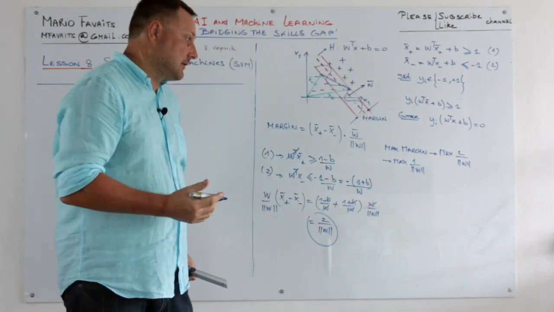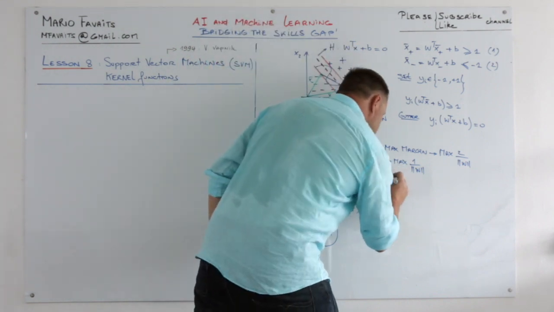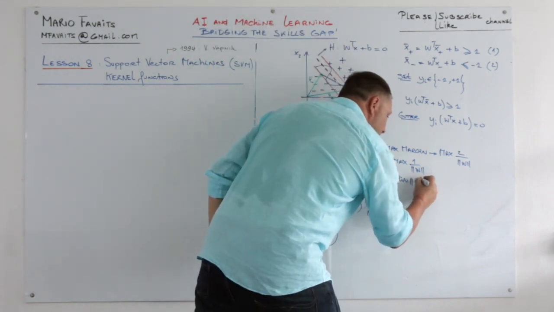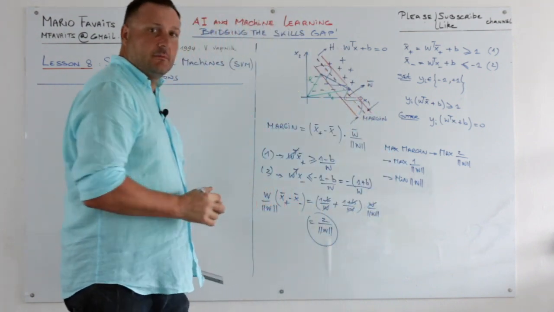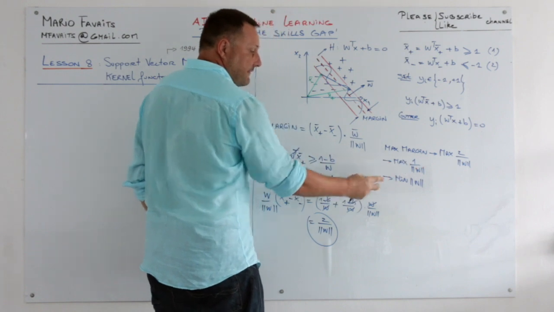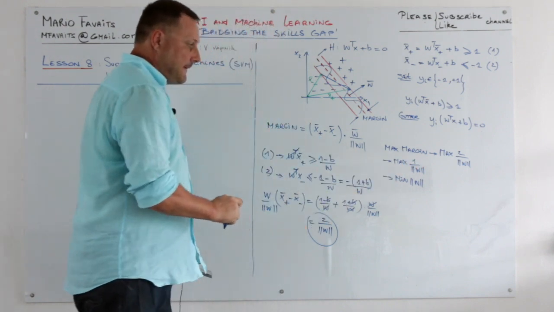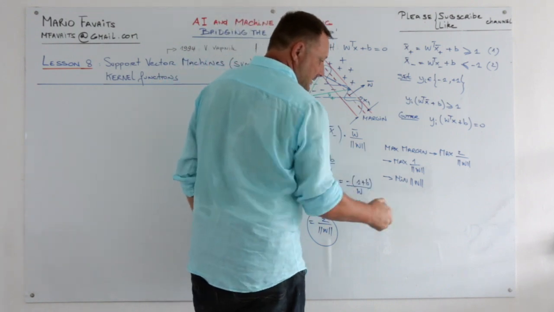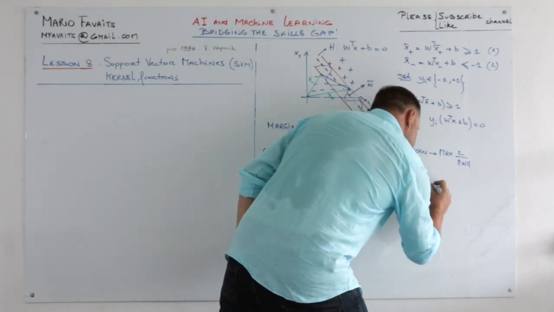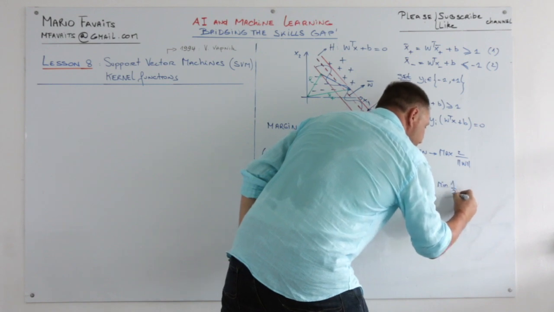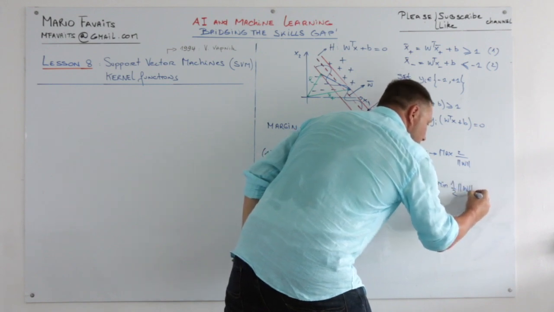It's the same thing. And that's the same thing as saying I want to minimize the norm of w. So maximizing this means I flip this here, so minimizing w, and that's the same thing as minimizing half of w squared.